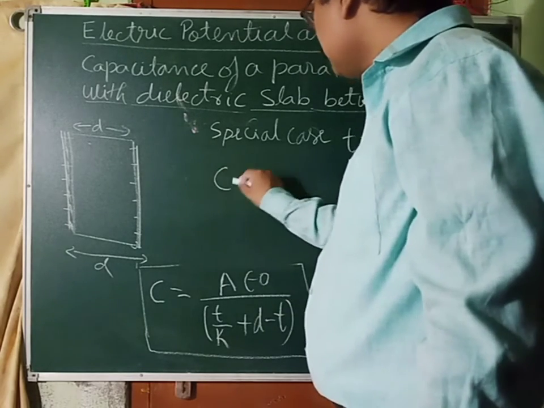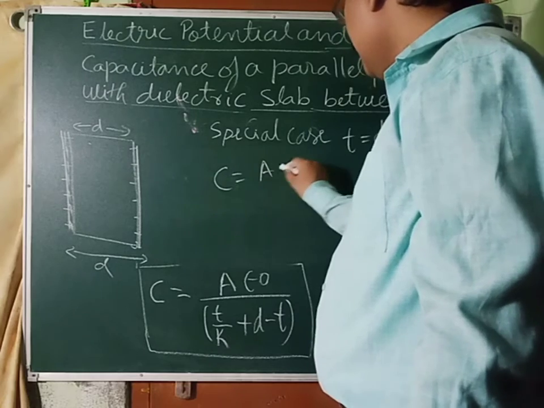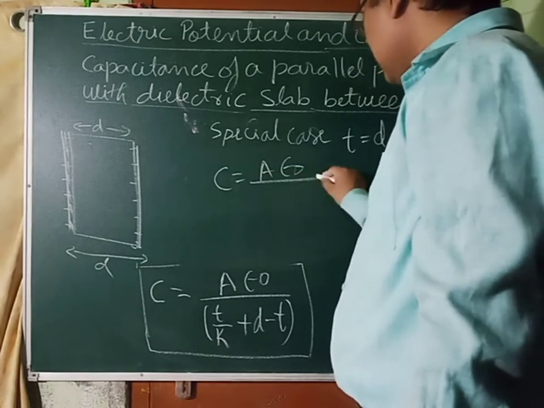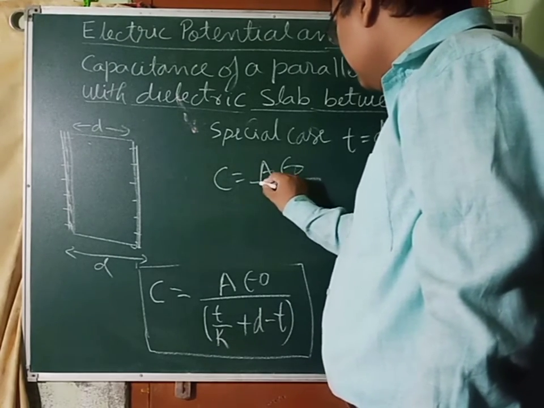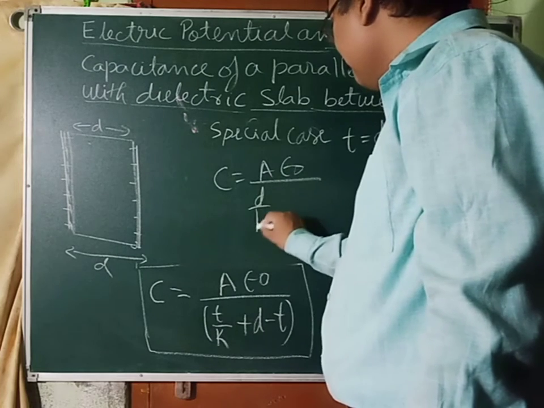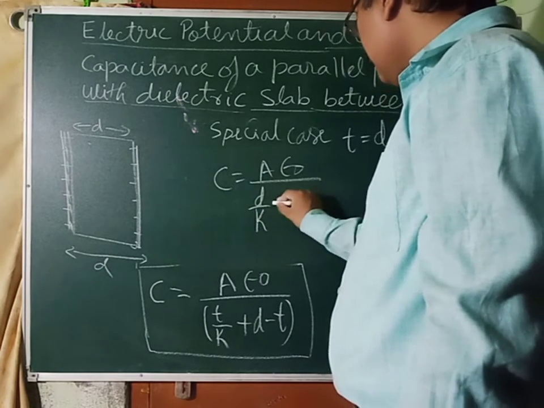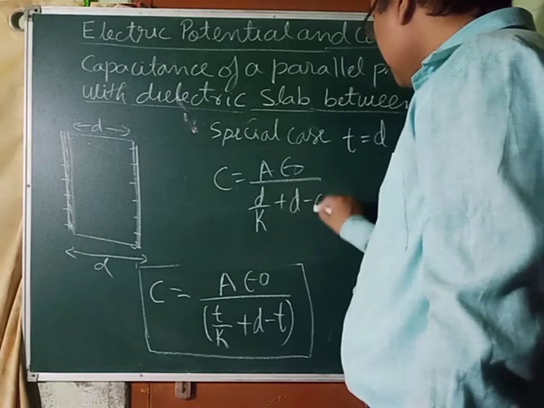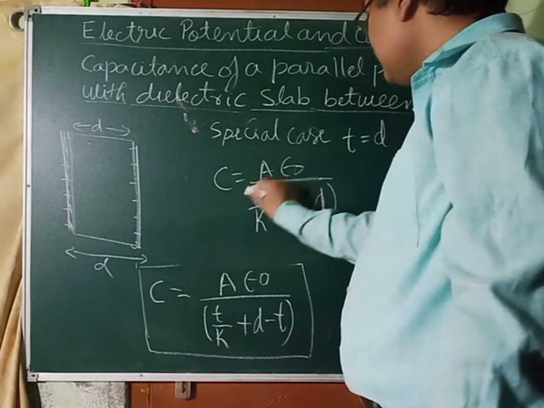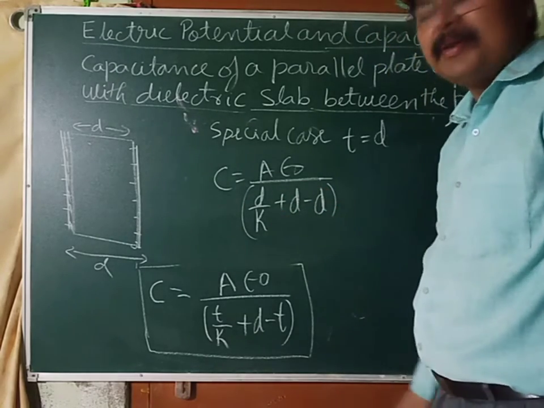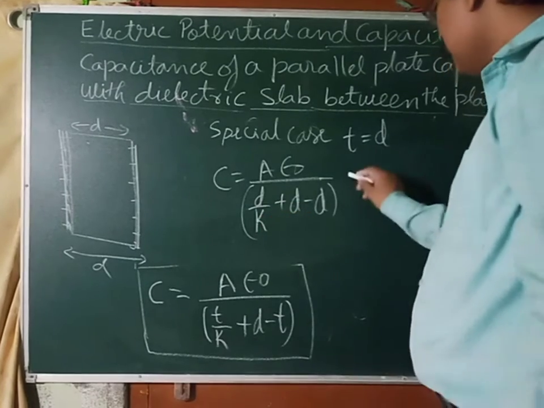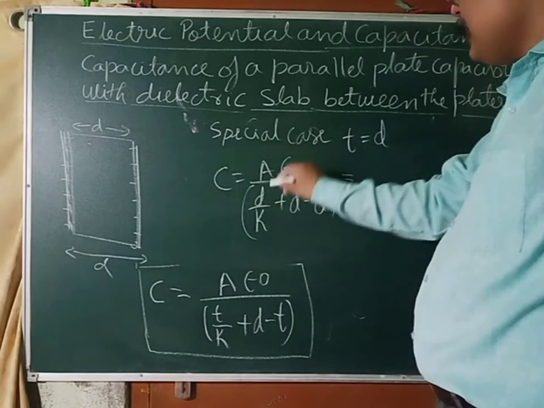We will get C is equal to A epsilon naught upon D upon K, here plus D, here minus D. So what happened? This D and this D are gone. We are having only D by K. So what can we write further? This K will go up and D will remain down.